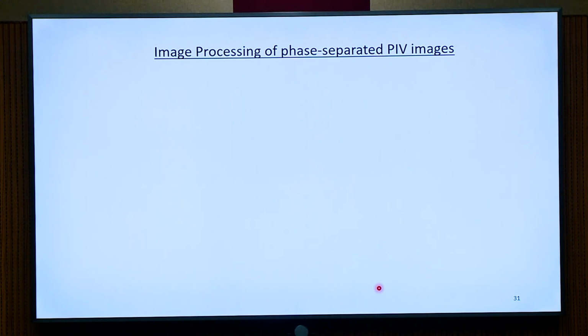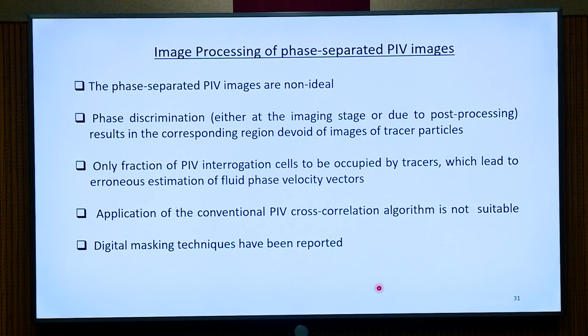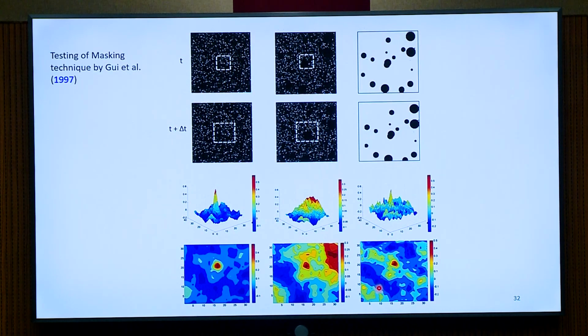Okay, so the tracer particle image is not an ideal one as in the case of single phase PIV. So that is the main problem. So here you can see, for example, in this one, there are particles which are removed. Okay, and this is a mask that represents where the particles are removed.